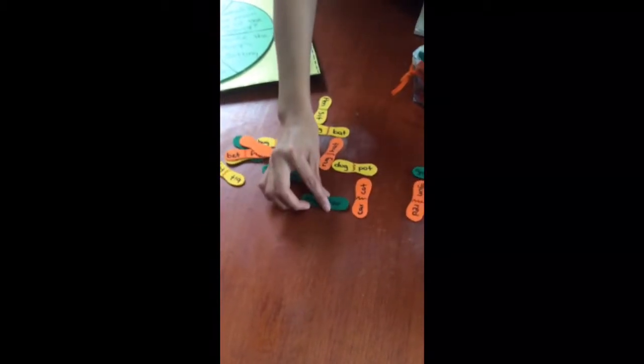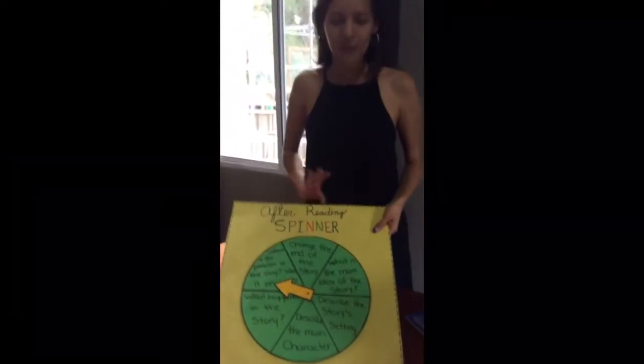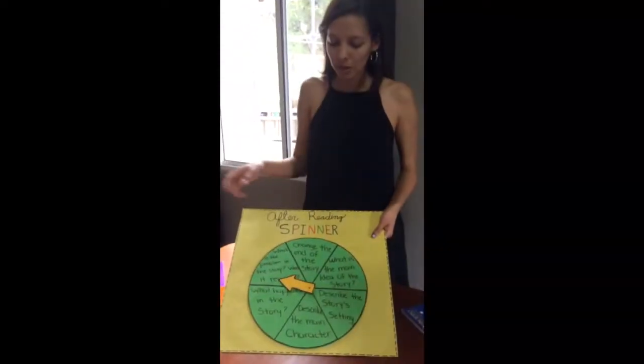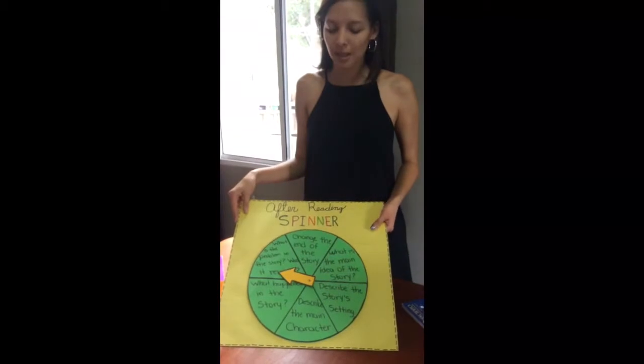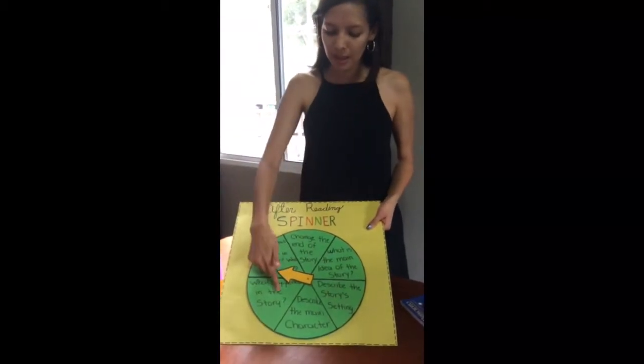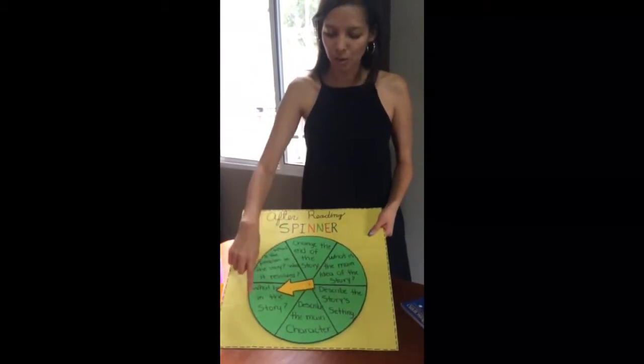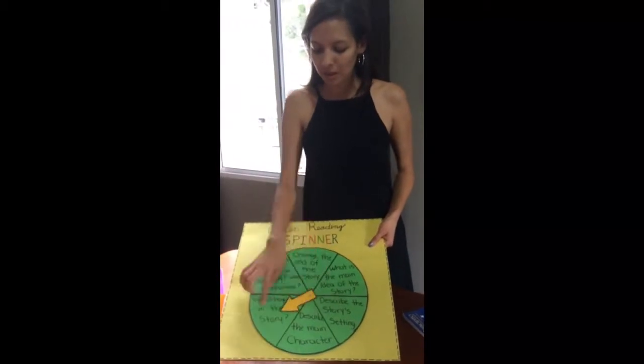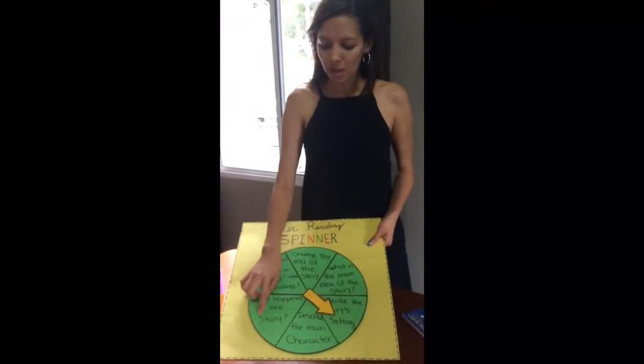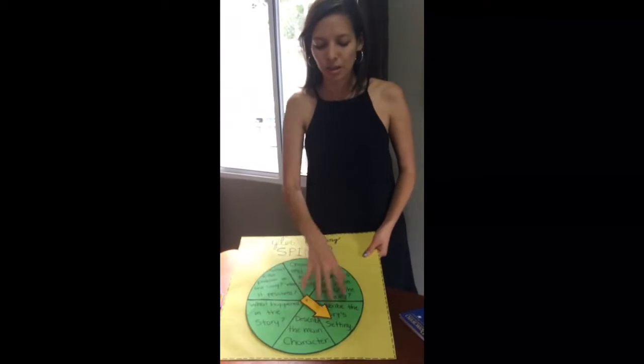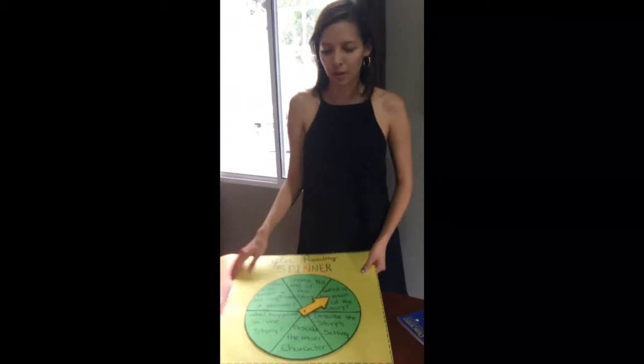The next one could be fire, right? Then you have the after reading spinner, with which you can improve their critical thinking too. You spin this arrow in order to choose one of the questions, and this one says, what happened in this story? So the student has to answer according to what is asked.